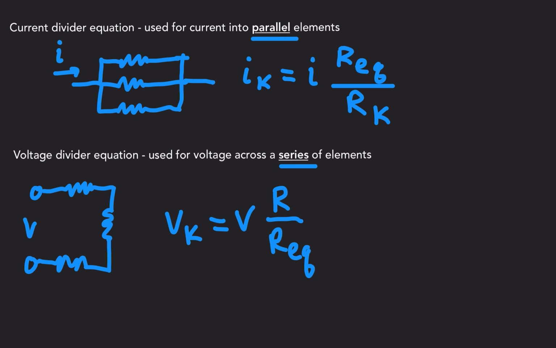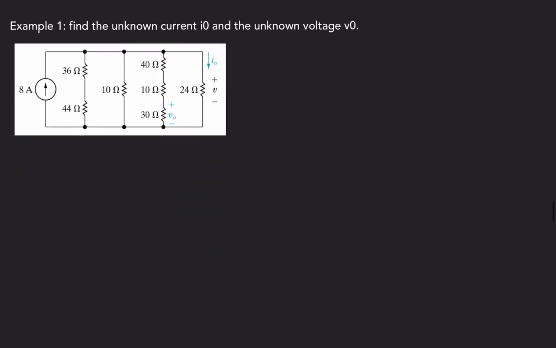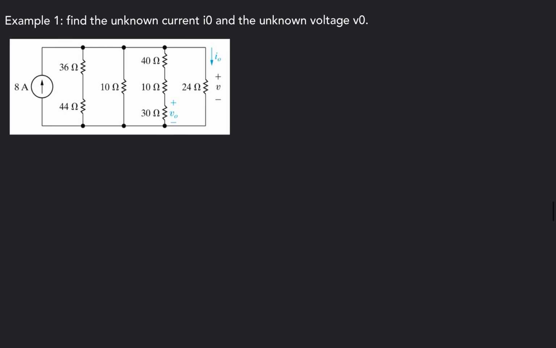So let's try a couple of good examples which each use the voltage and current divider equations. In this first example, we're asked to find the unknown current I0 and the unknown voltage V0. So the current flowing through this 24 ohm resistor and the voltage across this 30 ohm resistor.